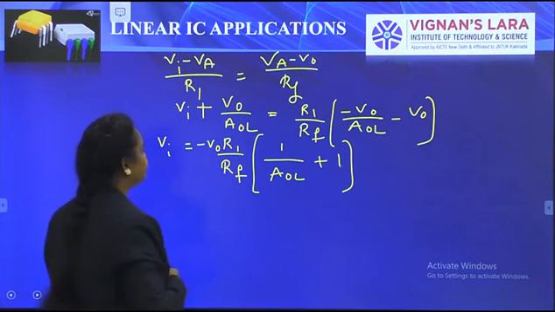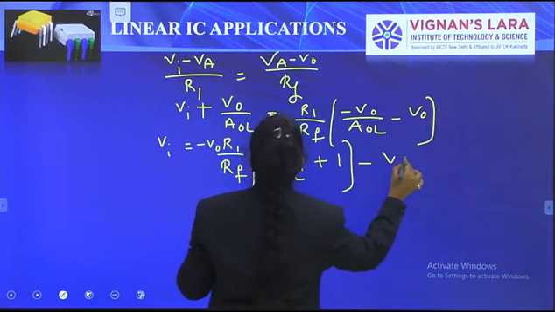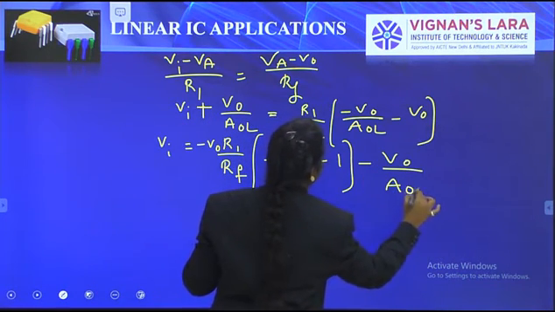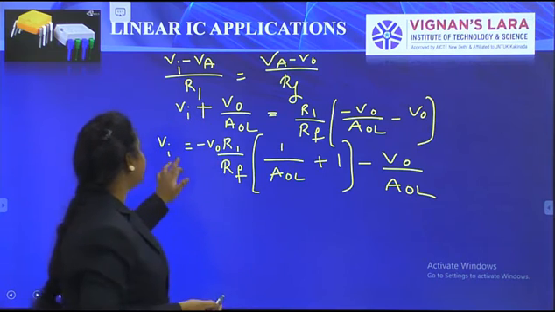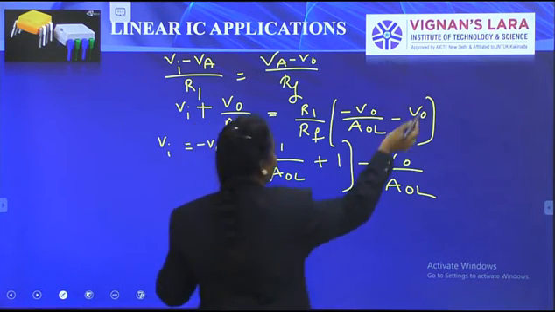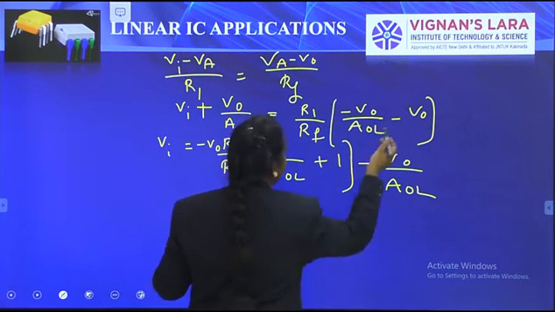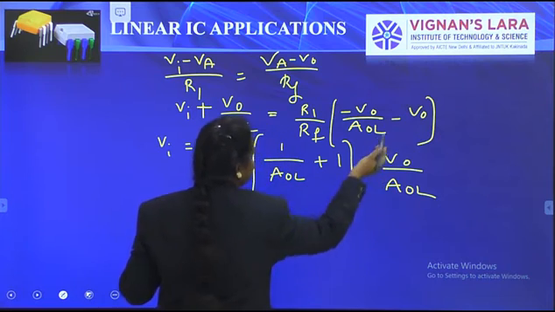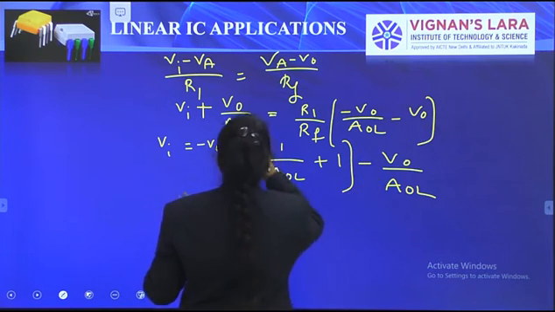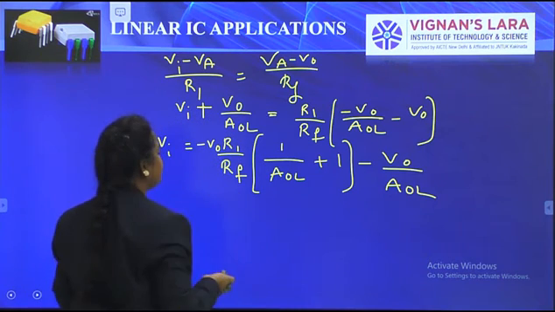Taking this term to that side, Vi is equal to R1 by RF times minus V0 of (1 by AOL plus 1), plus the term minus V0 by AOL.